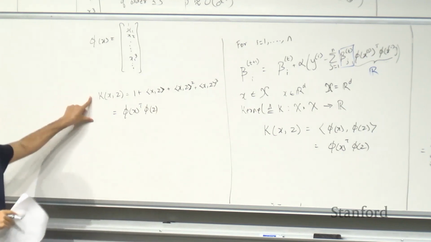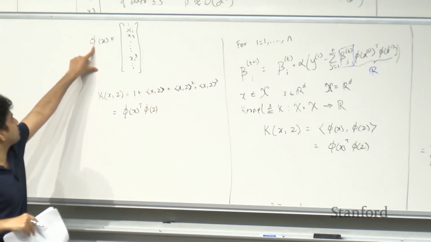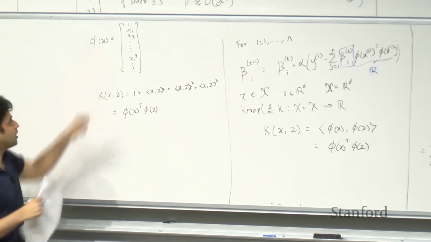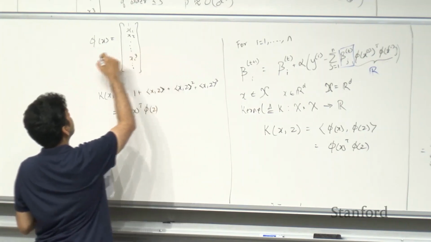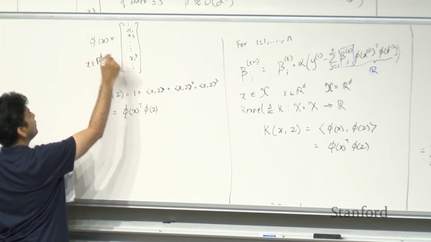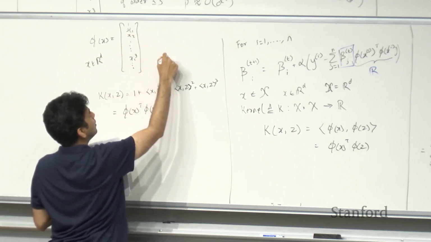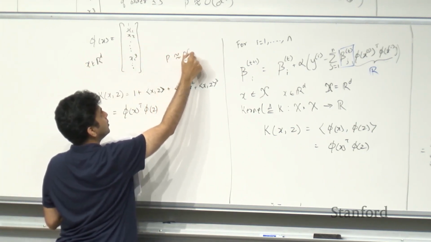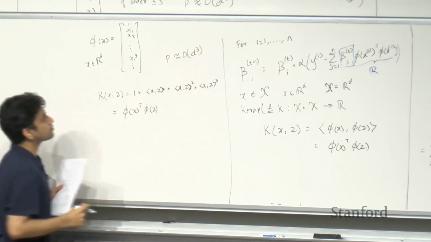So this is one example of a kernel, where for this particular feature map, if x was in R^d, then p is approximately order d cubed.